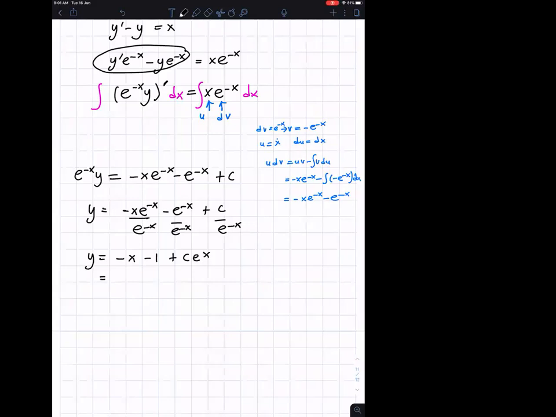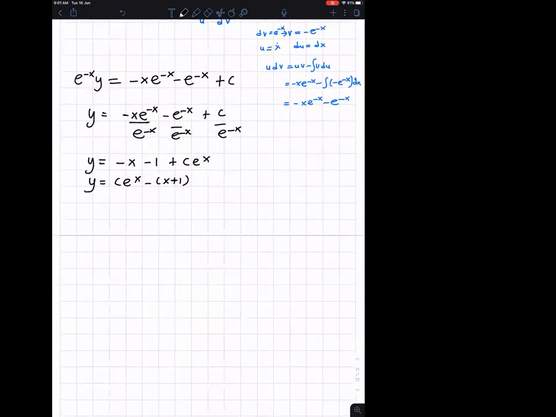Which can be rewritten to make it look nicer. Then you need to find out what C is, from the given initial conditions. So you're given that when x equals 0, y equals 1.